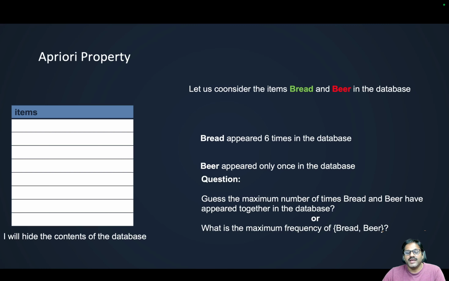Guess the maximum number of times bread and beer have appeared together in the database. So please pause the video and try to guess how many times people may have purchased the items bread and beer together.